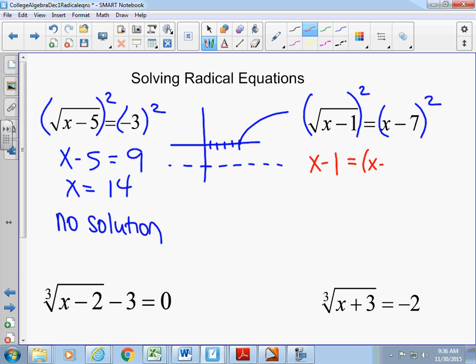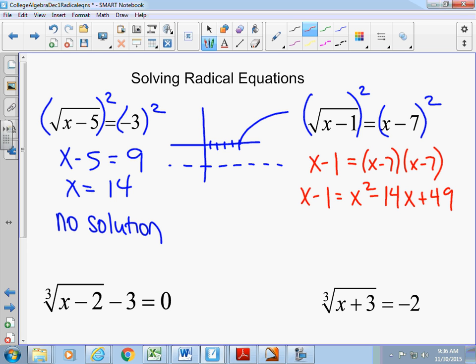What does it mean to square something? It means to multiply it by itself, right? You're going to have minus 7x and minus 7x. People do a lot of things wrong on that, but that's how you do it right.